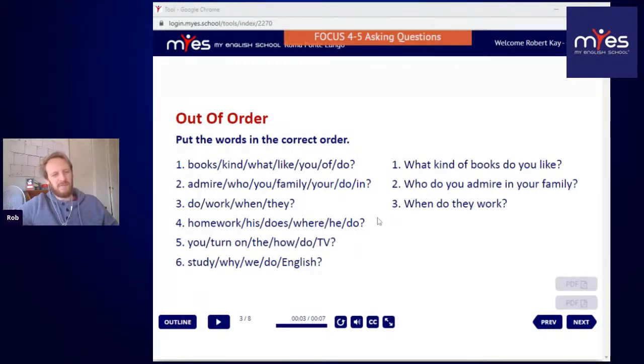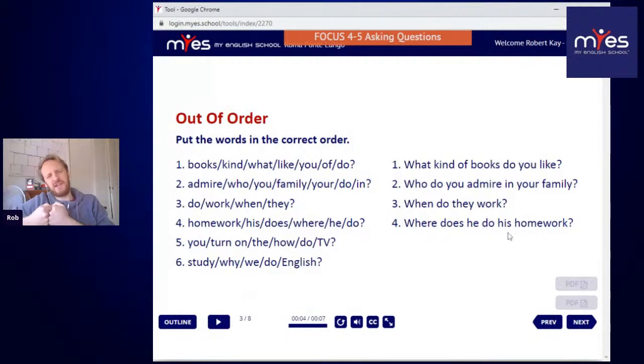Let's look at number 4, would be where does he do his homework? His would be a possessive adjective, so it's before a noun.